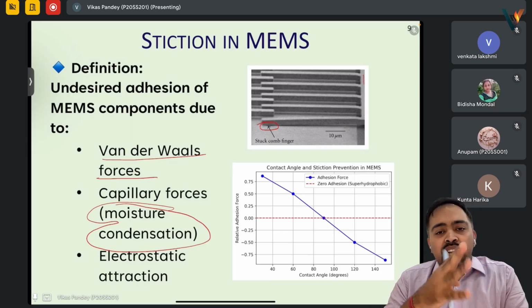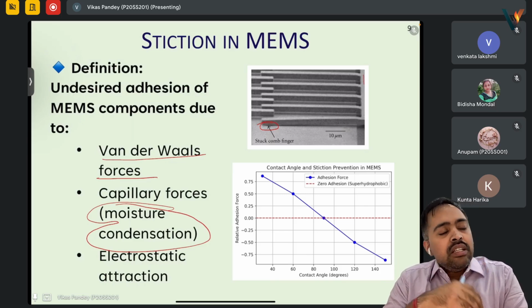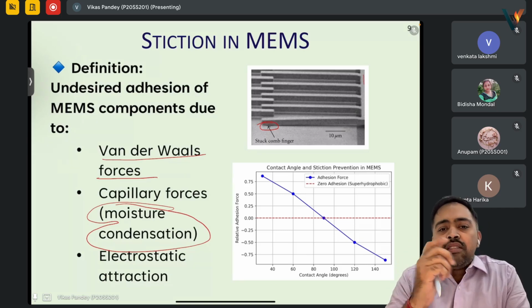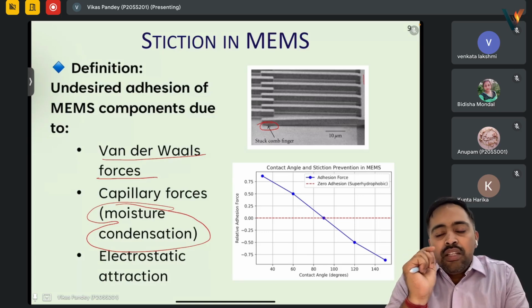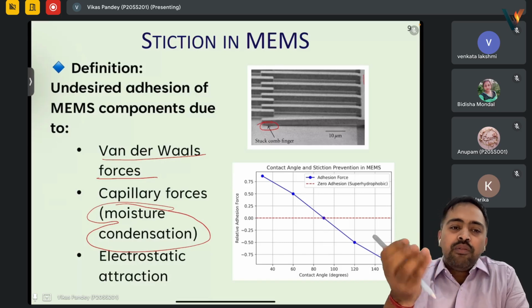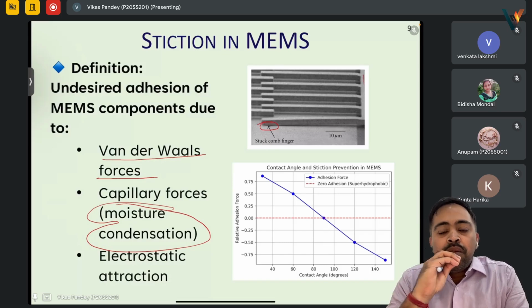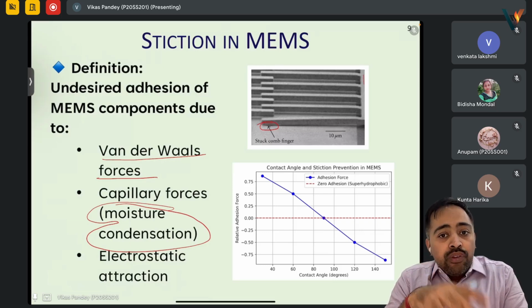Pure silicon itself is very hydrophobic in nature. But as soon as it comes in contact with air, it creates native oxide, silicon oxide, which is very hydrophilic in nature. So we might need to put some layer like silicon nitride, or there are other layers which can be coated over it to make it hydrophobic.